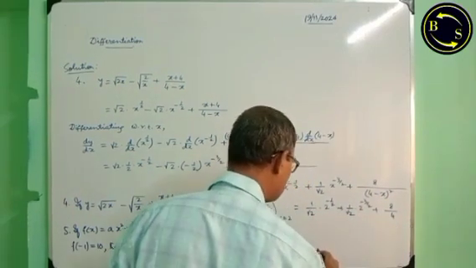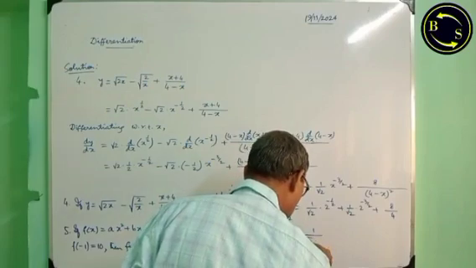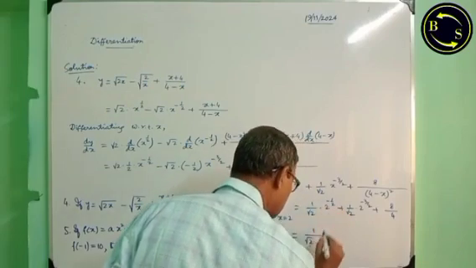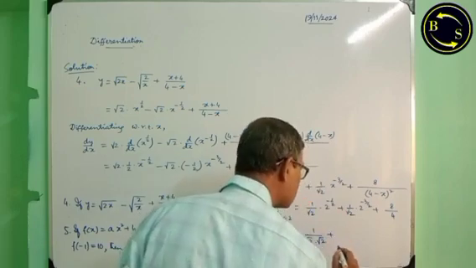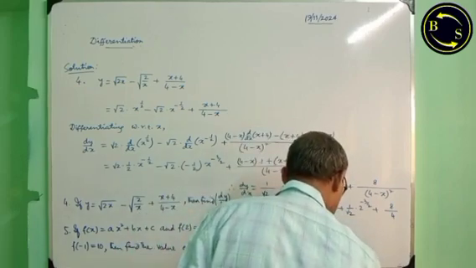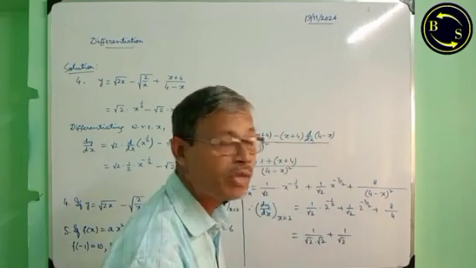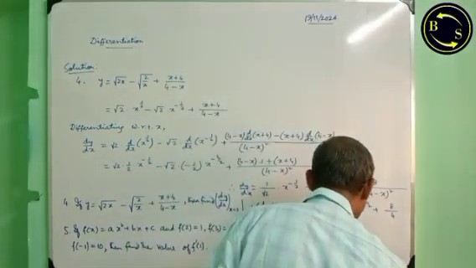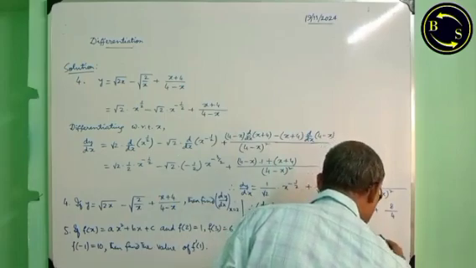Therefore, we get 1 by root 2, 2 to the power minus half means root 2, plus 1 by root 2, 2 to the power minus 3 by 2 means 1 by 2 root 2, plus 2.